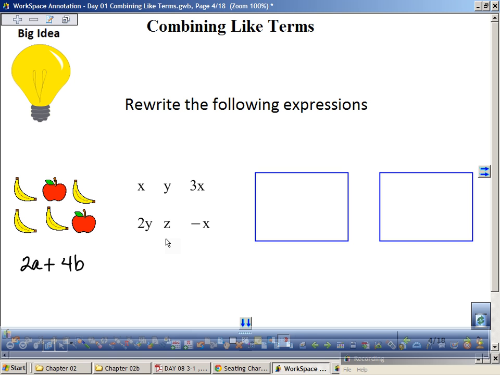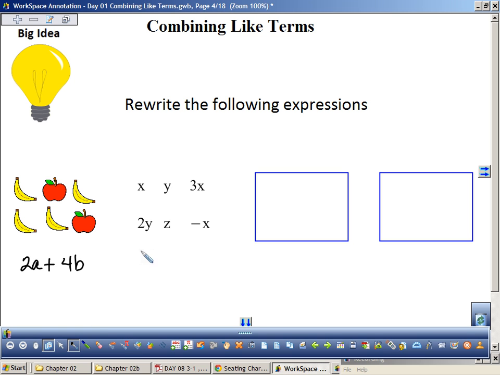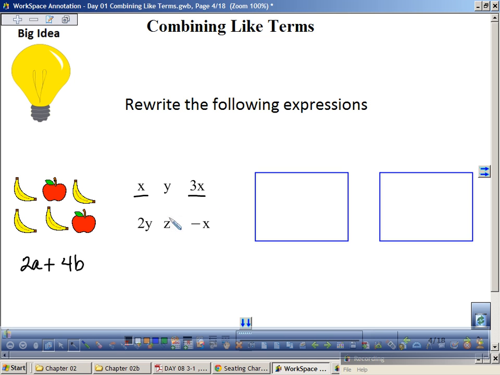I can combine blank and blank because. Variable with the same power. Excellent. I can combine x and 3x and negative x.